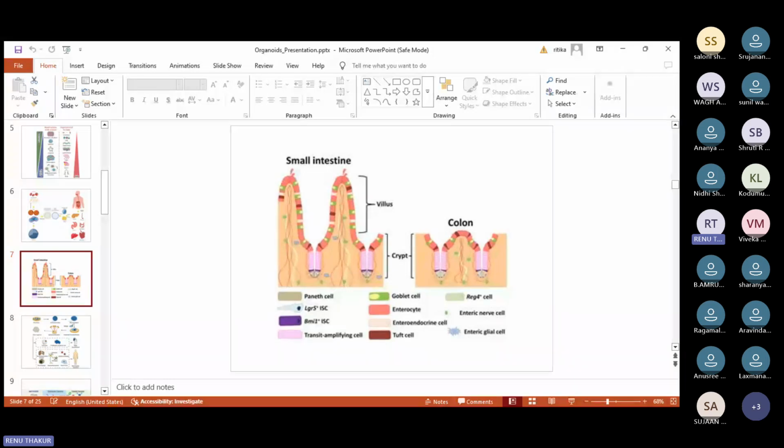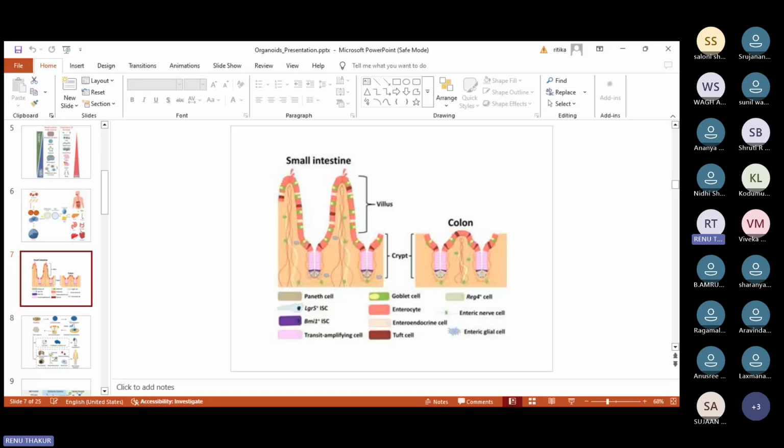These organoids can form crypt-like structures and villus-like projections similar to the small intestine, and exhibit barrier function, nutrient absorption, and secretion of digestive enzymes. They can also respond to drugs and pathogens, making them useful for studying gastrointestinal diseases.